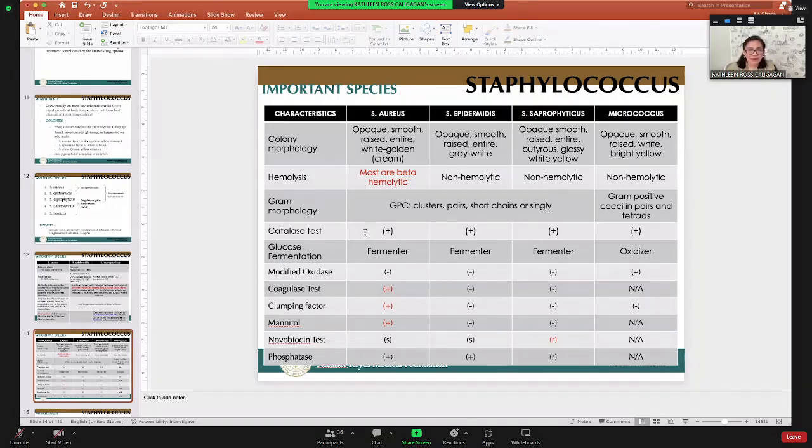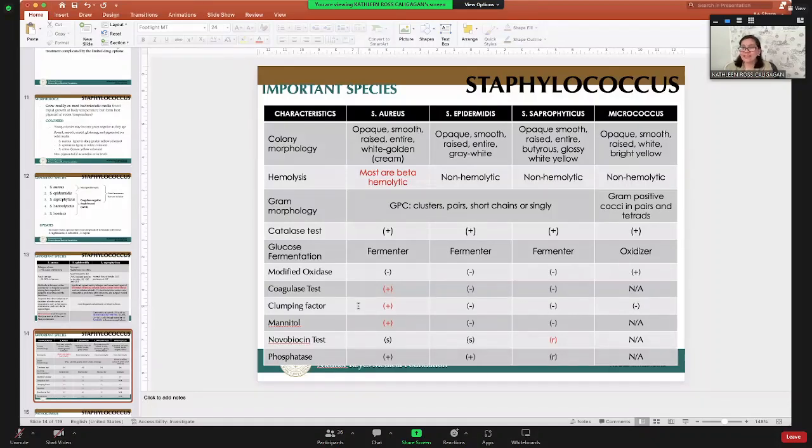So, as mentioned, the catalase test differentiates the genus Staphylococcus from the genus Streptococci. And here, the coagulase test, as you can see earlier, all other staph are referred to as coagulase negative.